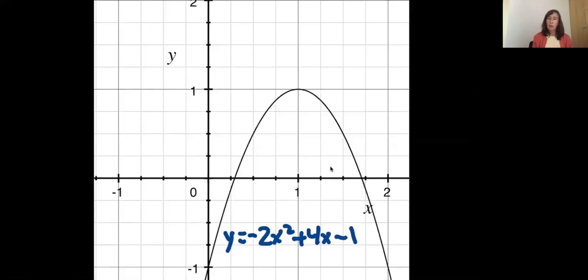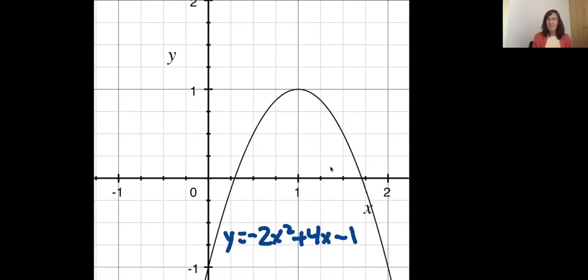What about one of those functions that we looked at just a couple screens ago? This is one of my example functions. We were talking about whether the parabola opened upward or downward, and just reminding ourselves of what the equation is for that: y equals negative 2x squared plus 4x minus 1.